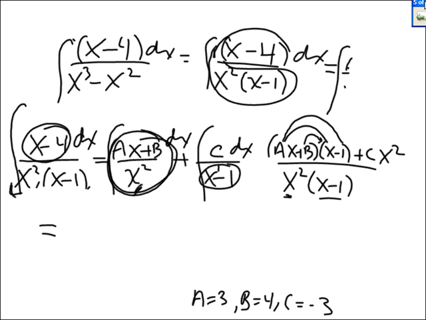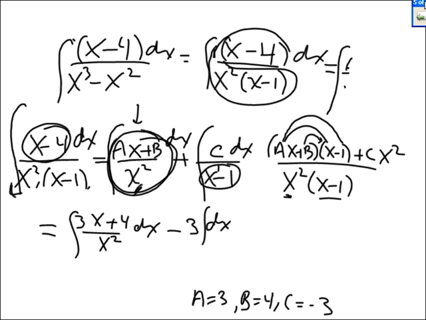Okay, so this is equal to, I'm copying this, the integral of 3x plus 4 over x squared dx, plus c is really minus 3 dx, I'll factor it out, over x minus 1. Now the first integral, I will separate it into the sum of 2.